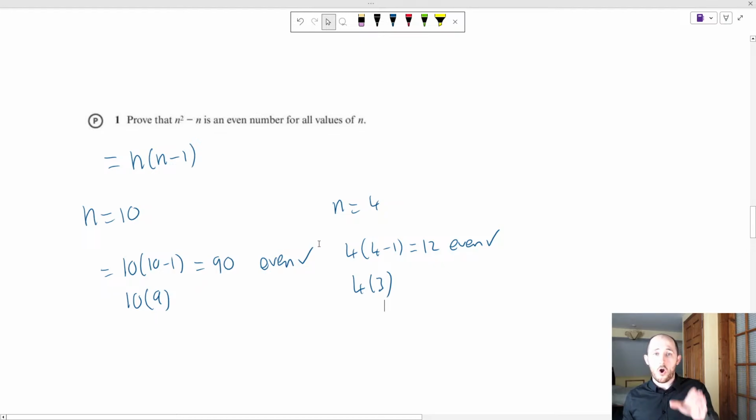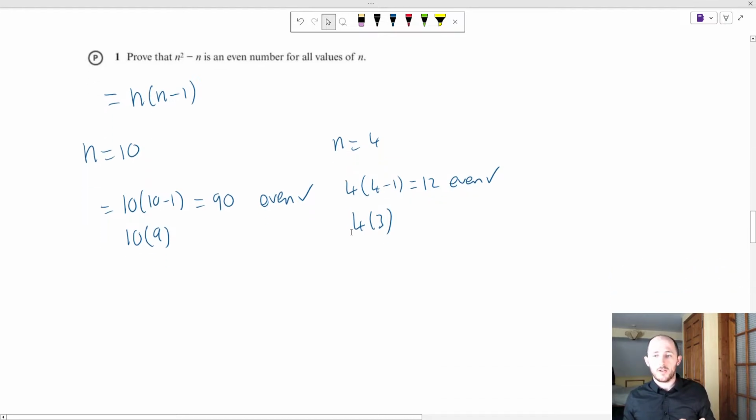If n is an odd number, n take away 1 will be an even number. So, the only two combinations we have are an even times an odd or an odd times an even. And as ProPlayer and NP have both said in the chat, an odd and an even will always result in an even number. So, how would I write this actually as a proof then?